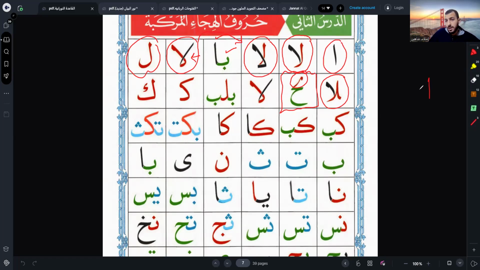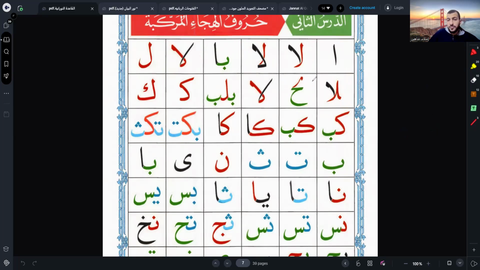You may have it like this also sometimes, or like the same as the one that we have here. So this is the Lam here. We say Al-Ha. Sometimes you may also find it as Ba or Noon, written like this.